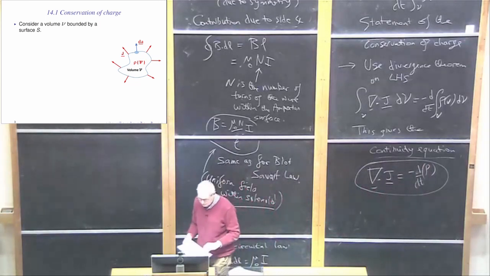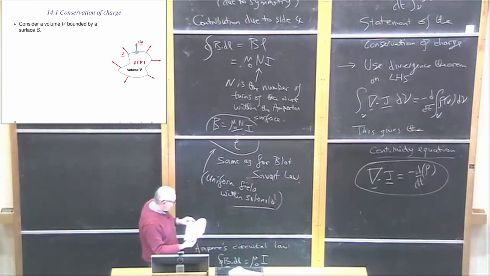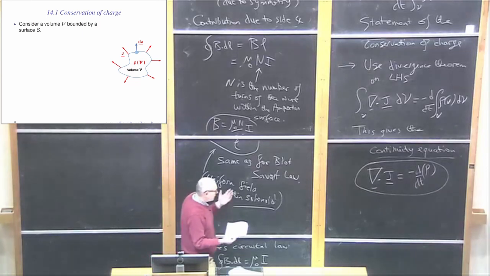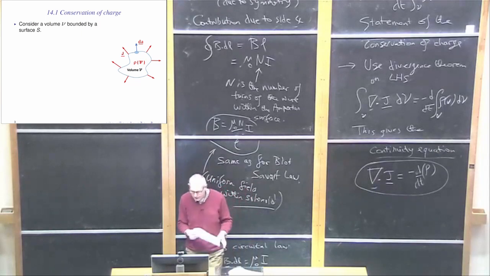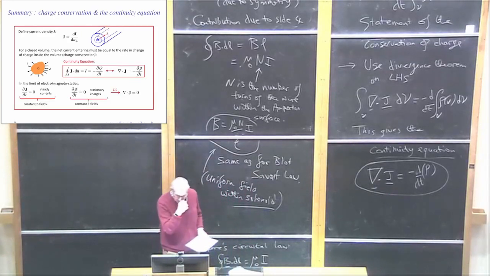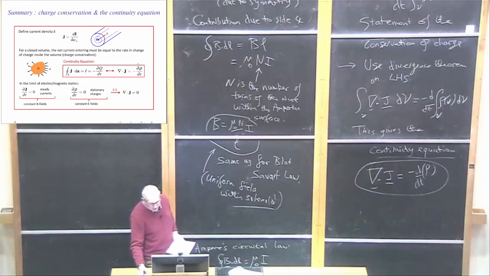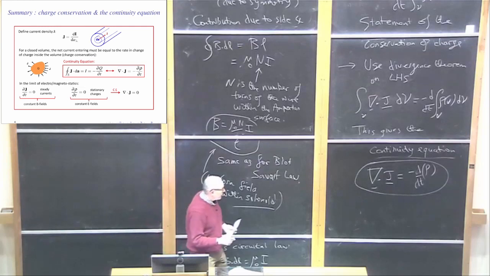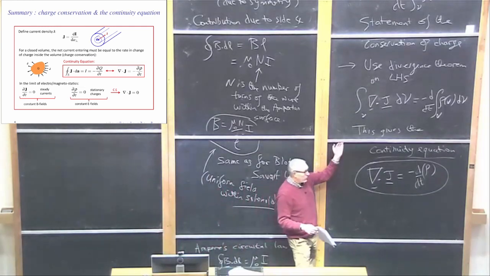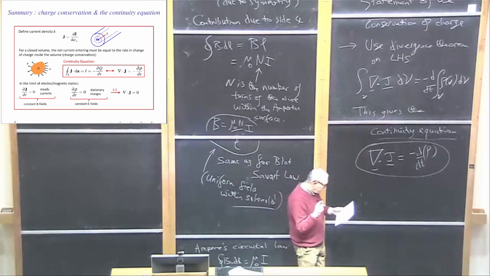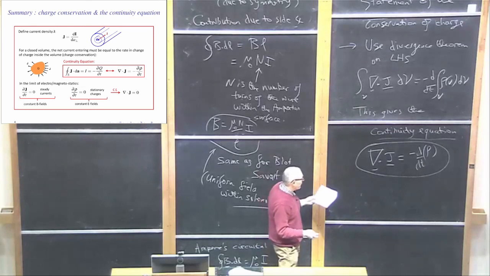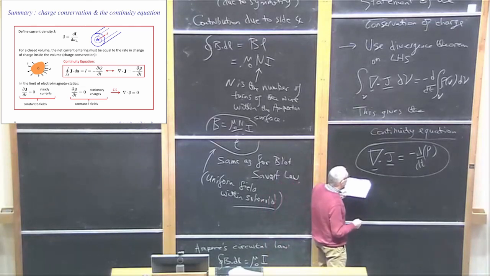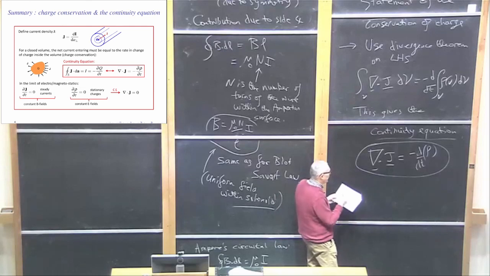You'll certainly meet it in the second year, and this is just a summary of what I've said. There's the continuity equation. Interestingly, for steady currents, dJ by dt is naught.